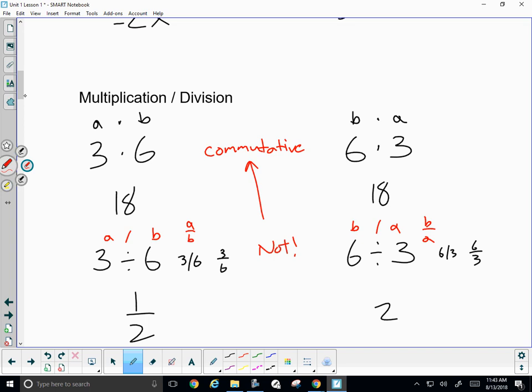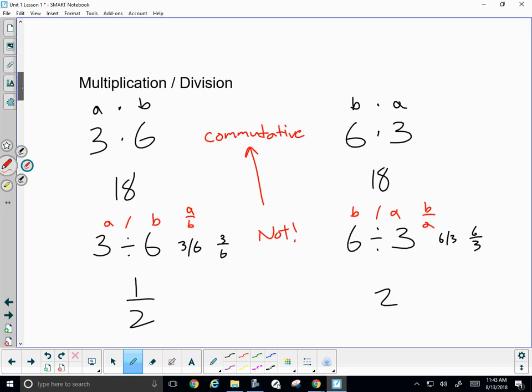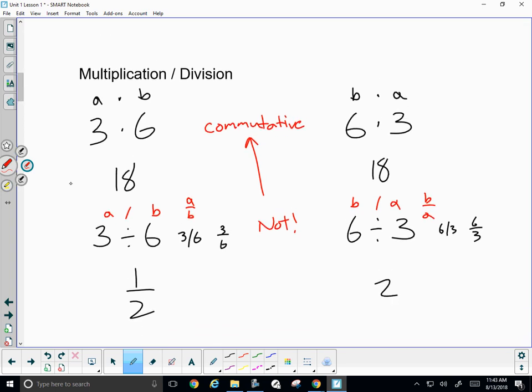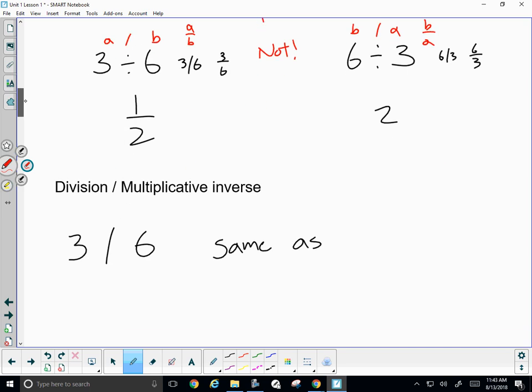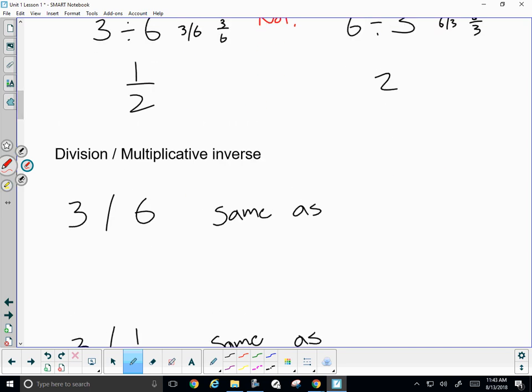But there's one way to change division so that we can use just multiplication, which is my friend. You will hear me often like to stick with things that are my friends, which is addition and multiplication, instead of using subtraction or division. Okay? And that deals with division being the same as a multiplicative, I don't want to say inverse, I want to rather say reciprocal.